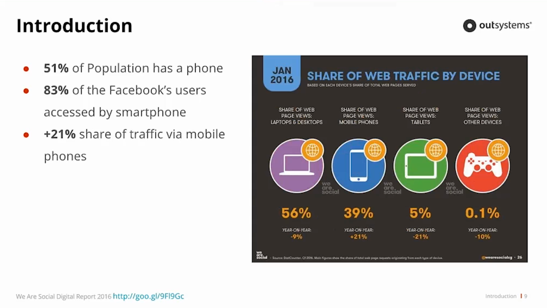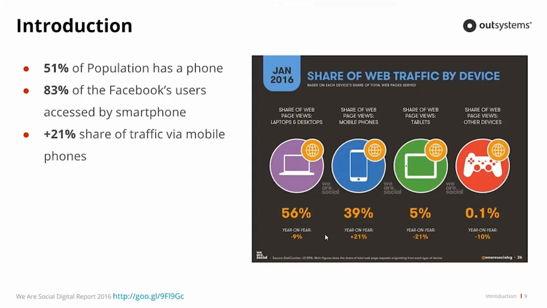39% of the share of page web views are requested by mobile phones, and only 66% are requested by laptops and desktops. So we have a 21% increase in smartphone requests and a decrease of 9% in the desktop since last year.